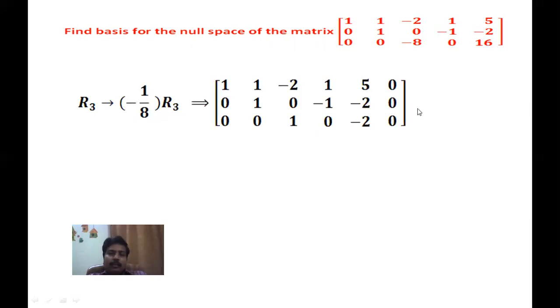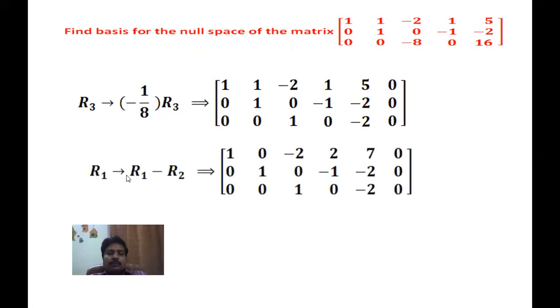To make it into reduced echelon form, we need to make this 0 and this is also 0. So there will be only one entry, that is also 1 in the pivot position. So already there are 1s in the pivot positions, but we need to make these 2 as 0s.